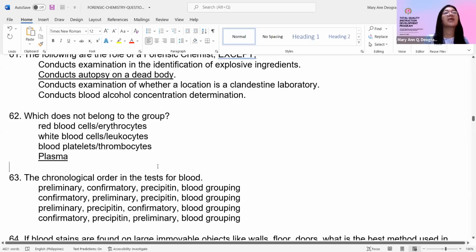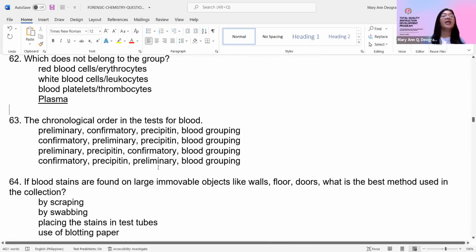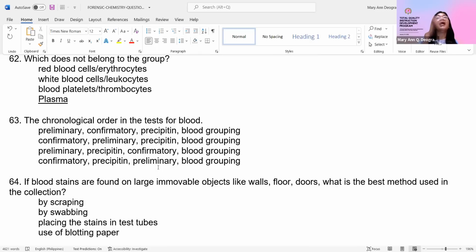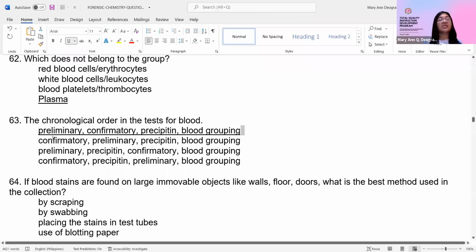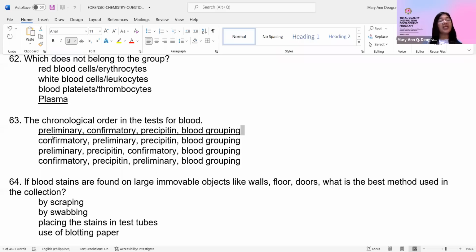63. Anong order ang tama dyan? The chronological order in the tests for blood. Okay, may mga sumagot. Let us see our answer. Okay, letter A. Syempre, mauuna si preliminary, because preliminary will tell us, is it an alleged blood stain?